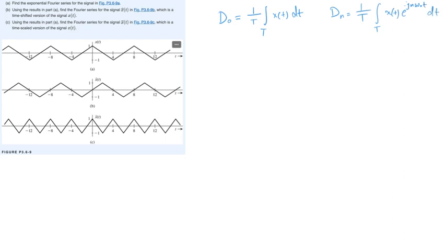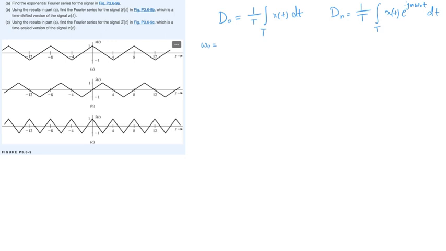First of all, by inspection, omega naught is equal to... so this signal is periodic with a period equal to 8, right? Because it's from -4 to 4, and then the same thing repeats over and over again, right? If you look at it, it's periodic with a period equal to 8.